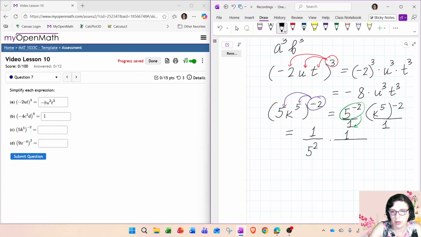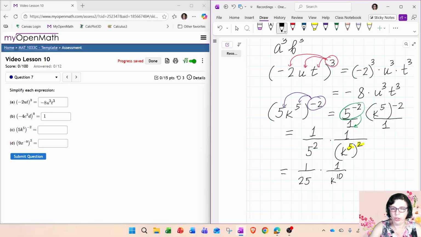I will have a 1, and then I'm going to move that k to the 5 to the power 2 and get rid of the negative. Now, 5 squared is 25, of course, and the last thing I need to do is use the property that we already talked about, which is power to another power. What we do with those is just multiply them. And that's going to give us k to the power 10.